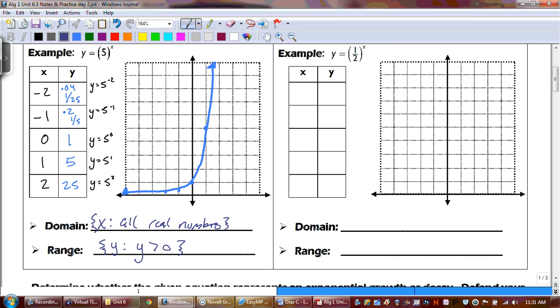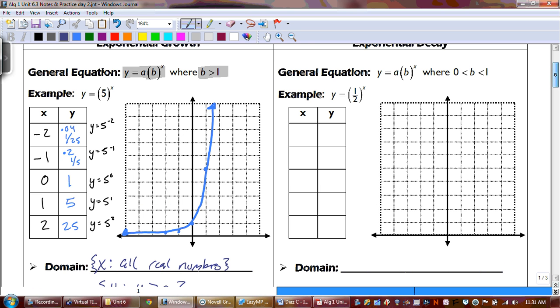Now exponential decay, where y equals a times b to the x, where 0 is less than b, which is less than 1. I know that kind of sounds funny right off the bat, but you'll get it. For our x, we're still doing the same thing, -2, -1, 0, 1, and 2. The best way to start off is just plugging it into your calculator.